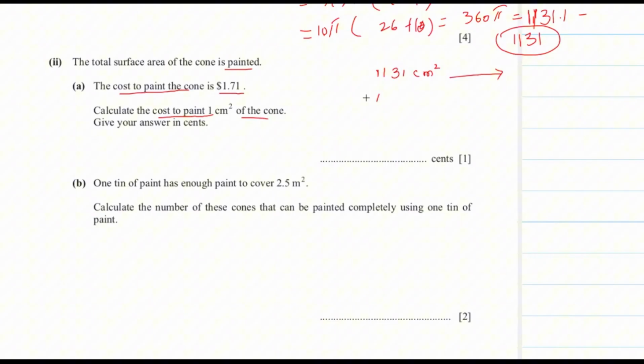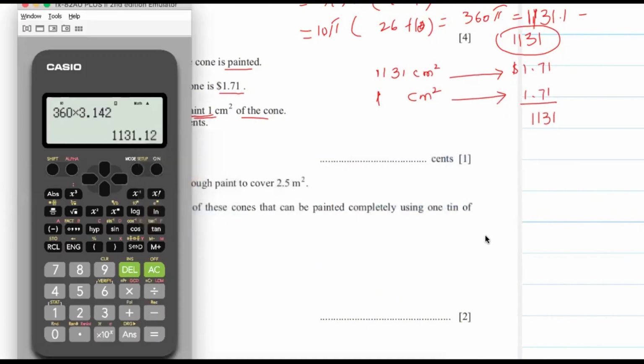To paint this area, the cost of the paint is $1.71, and we have to calculate the paint cost of 1 centimeter square. Therefore, 1 centimeter square paint cost will be equal to 1.71 over 1131, and we can calculate this value.